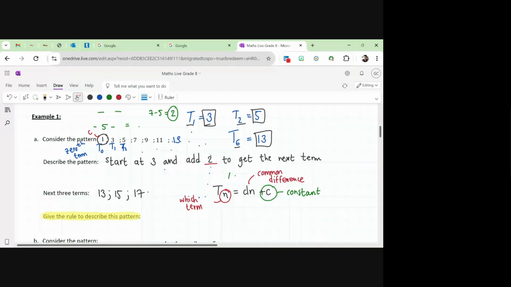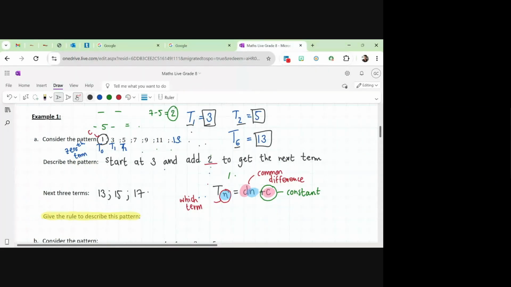I'm first going to replace the D for the common difference, and I'm going to replace C. Now, I can't replace N, not this N and not that N, because I don't know which number I'm looking for yet. So until I know which number I'm looking for, I'm only going to replace the D and the C part.